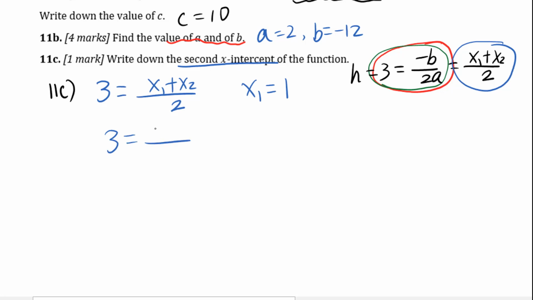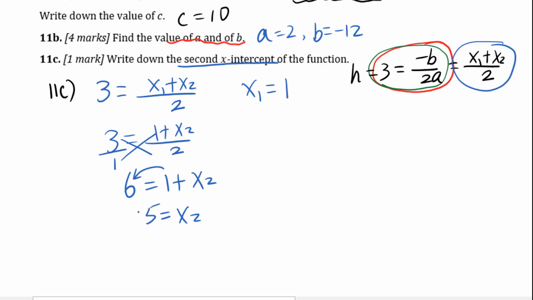So we get 1 plus x2 over 2. Cross multiply, 6 equals 1 plus x2. So x2 equals, minus 1 both sides, that is a 5. This will be the second x-intercept.